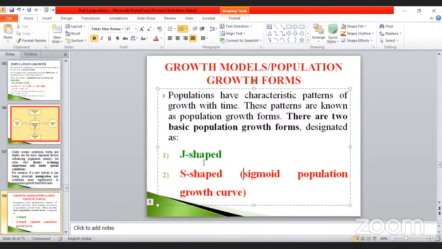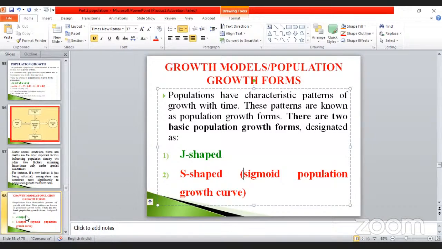The J-shaped growth curve is also a graphical representation of population growth. It appears as a J-shaped or S-shaped nature, that's why they are called the J-shaped growth curve or S-shaped growth curve.